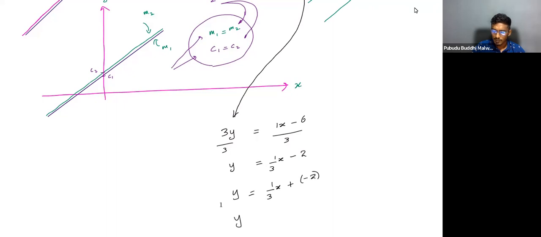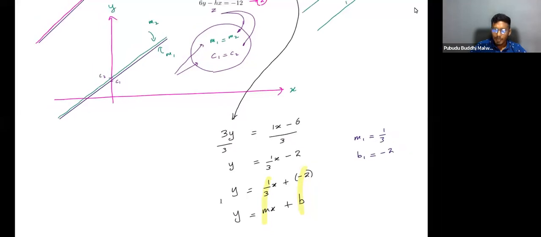Then compare that with mx plus b. Then 1 over 3 is the slope and minus 2 is the y-intercept. Right? So let me express it like this: M1 equals 1 over 3 and B1 equals minus 2.